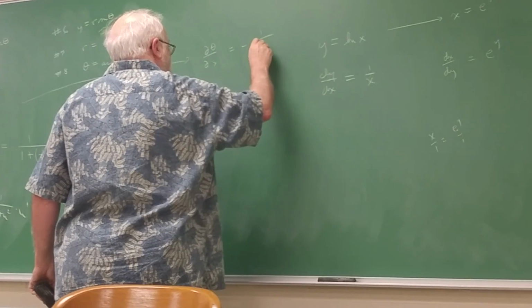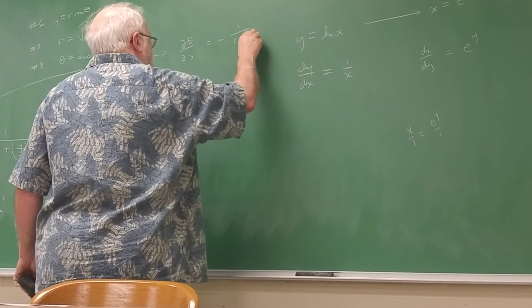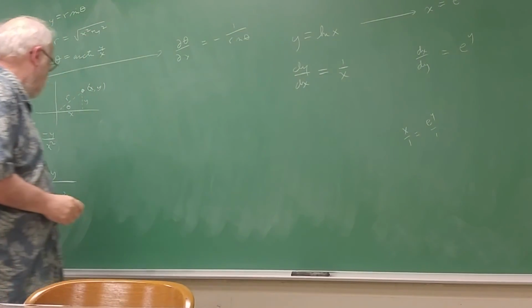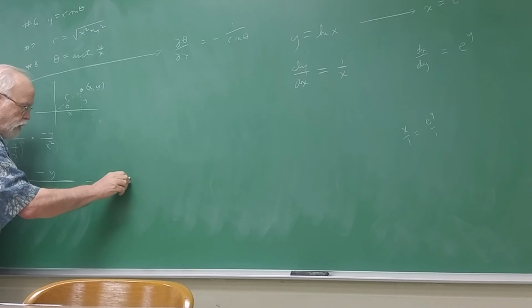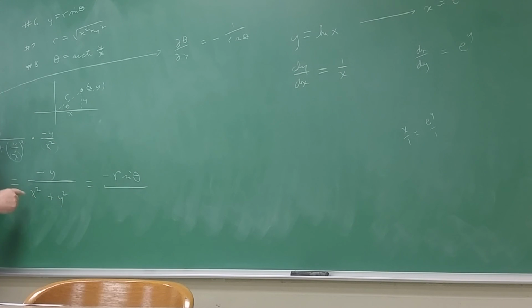Negative 1 over r sine theta. And now I want to switch it to the other coordinate system. So in this case, let's see. y is r sine theta, right? Yeah. Okay. So I've got minus r sine theta. And what's x squared plus y squared? That's r squared. You know, I agree with you.